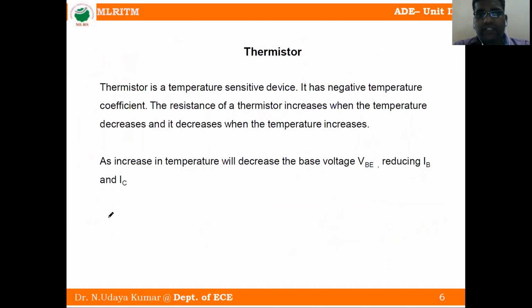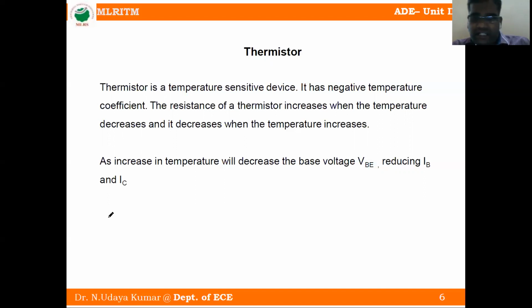Next we will see the thermistor. A thermistor is a temperature sensitive device. It has a negative temperature coefficient. So the resistance of the thermistor increases when temperature decreases, and decreases when temperature increases, because it is a negative temperature coefficient.